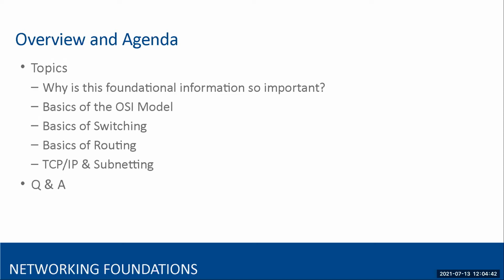We'll also take a brief look at a couple of functionalities in the networking components of a switch and what a switch does, and the networking component of a router. And again, a brief review of routing, and then a view of our favorite protocol, that would be TCP over IP.